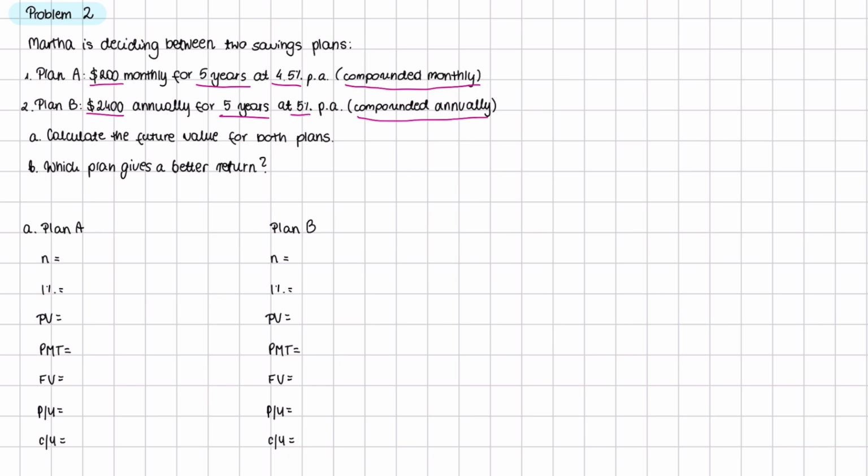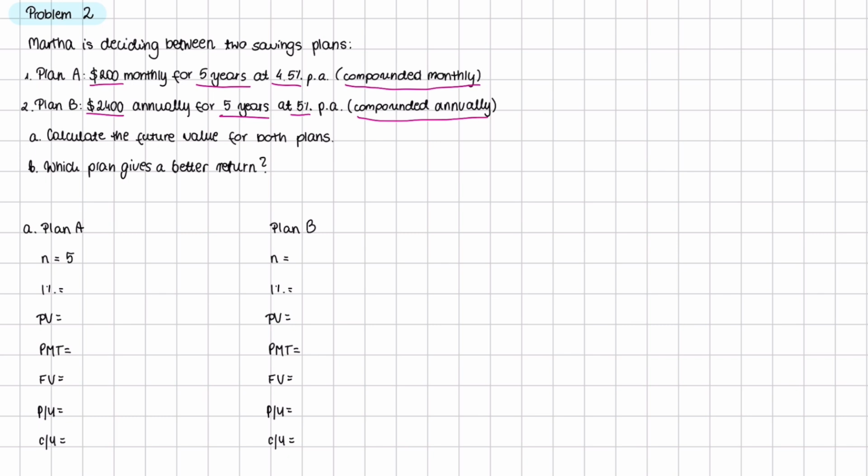So for plan A, we have n equals 5 years, but we have to also include the information about compounding periods. And we have 5 years, we have 4.5% per annum compounded monthly.